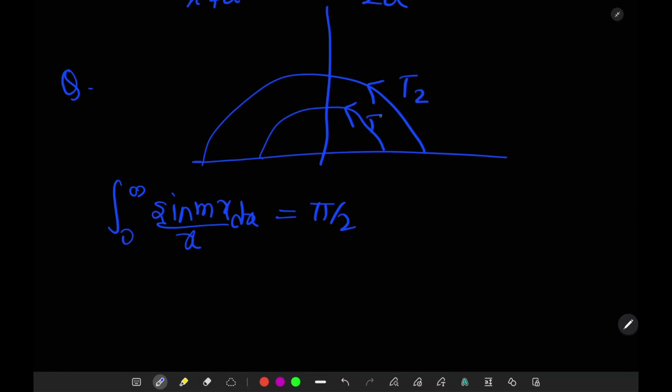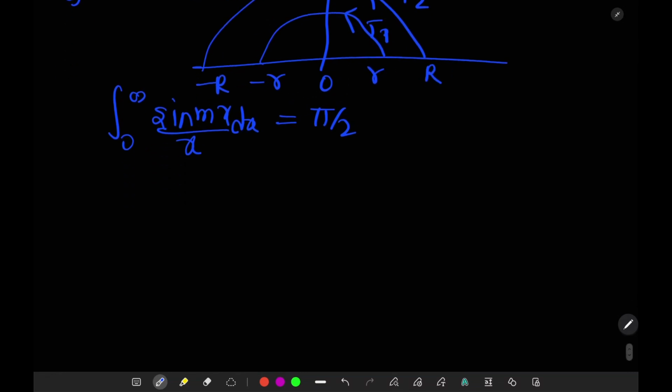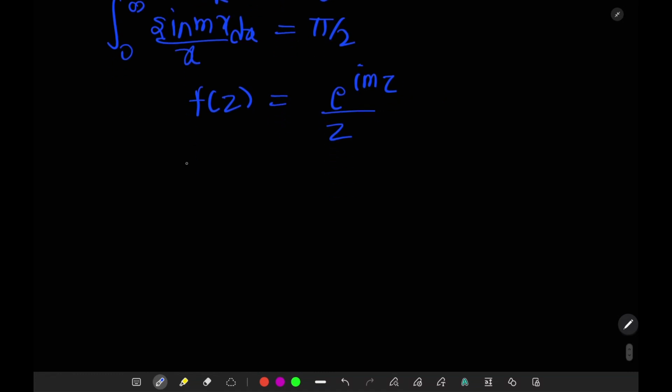This is semicircle 1 and this is semicircle 2. Here this is minus R and this is minus small r, and this is 0 and small r, capital R. Now let f(z) equal e raised to power iota mz divided by z. Here you can see z equals 0 is a simple pole.